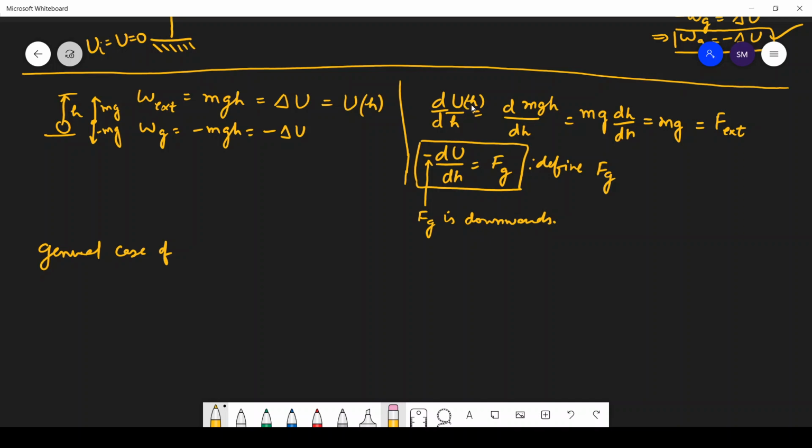But yes, potential energy is a function of h. Now let us take a general case of a conservative force, and the motion is in one dimension. So 1D motion, straight line motion. So of course this Fg is a conservative force.